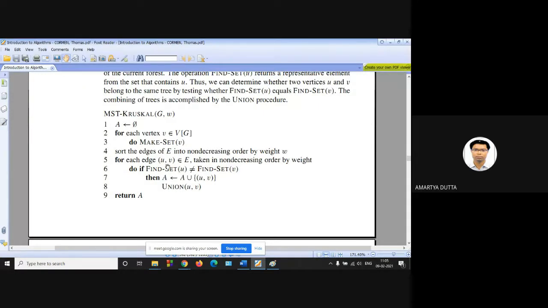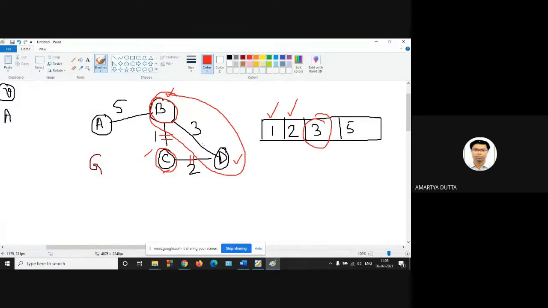U and V are already connected. In our example, the weight is 3, that is your edge B and D. Here U is equal to B and let V be equal to D. Their find sets are the same, so we can't take this BD edge. And then we have to take the last edge 5.